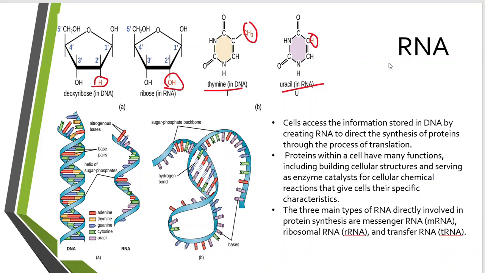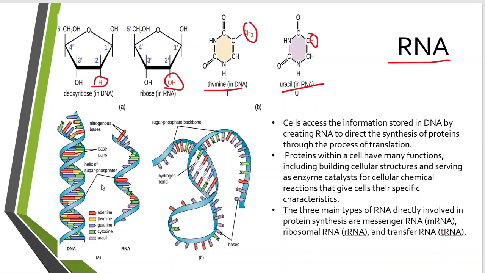Okay, so what is RNA? Well, it turns out this DNA hangs out in the nucleus, or the nucleoid region in a prokaryote, and this guy is not allowed to leave.